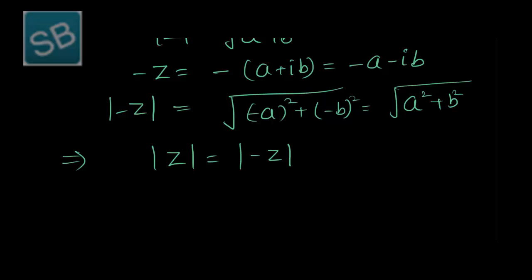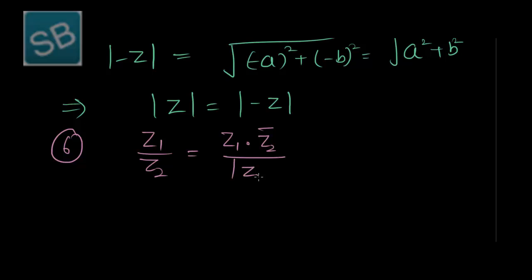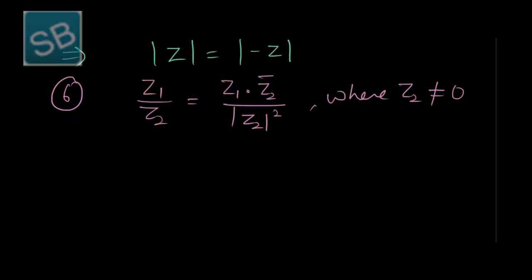That is very simple. So the next property is, we have to prove z1 over z2 is equal to z1 into z2 bar over modulus z2 square, where the complex number z2 is not equal to 0. We have z1 over z2.